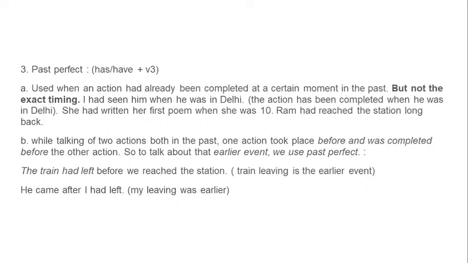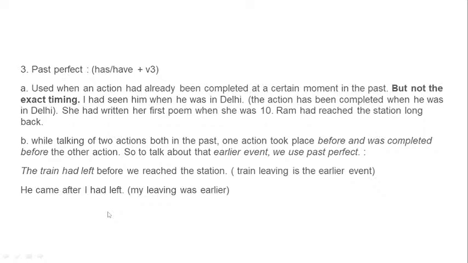My action has already finished. That is why the one which finished first, in the past, that means an action that has finished in the entire past tense, that is why we have used had left. Okay.